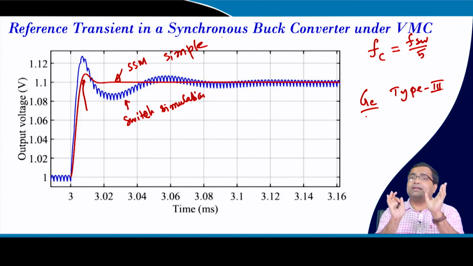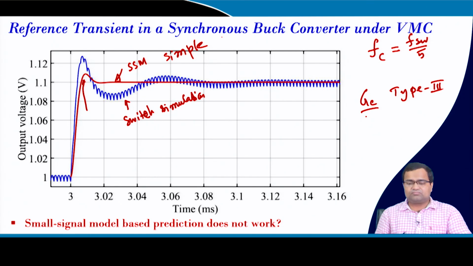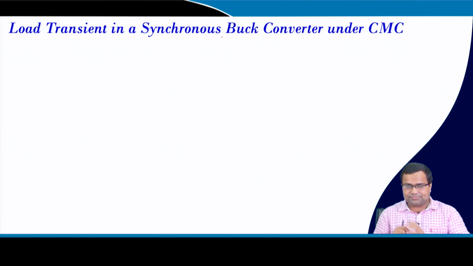So, you need to find the next level of model, an advanced version, in order to speed up the response. The small signal model does not work, and we need to find some alternative model.